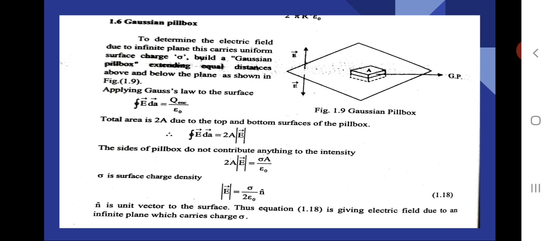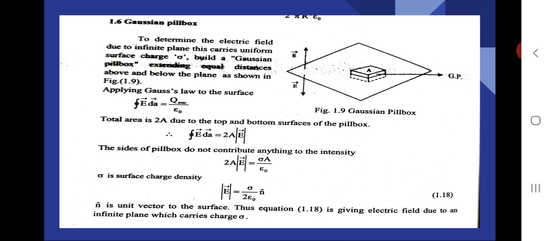Now total area is 2A because for upper side and lower side of this pillbox. Therefore substitute the value of area, that is integration over closed E dot dA is equal to 2 into A mod of E. The sides of pillbox do not contribute anything to the intensity.